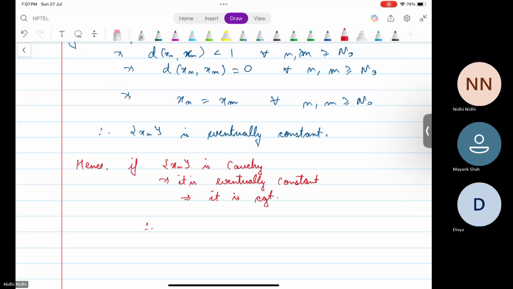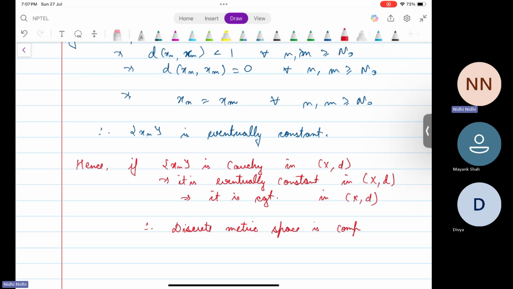Therefore, Cauchy in discrete metric space implies convergent. Therefore, the discrete metric space is complete.